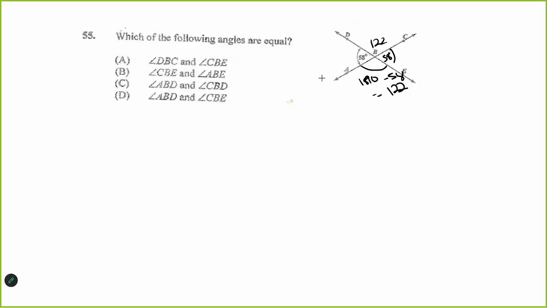Alright, so they said BDC is equal to ABE. No. So this would be incorrect. It said CBE. CBE is 50, so this is incorrect.